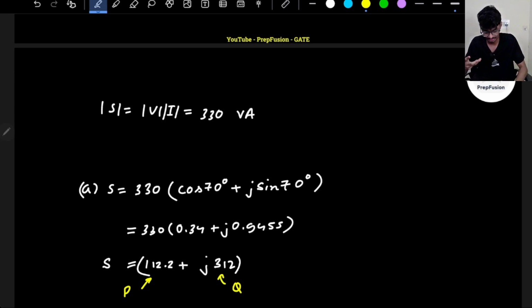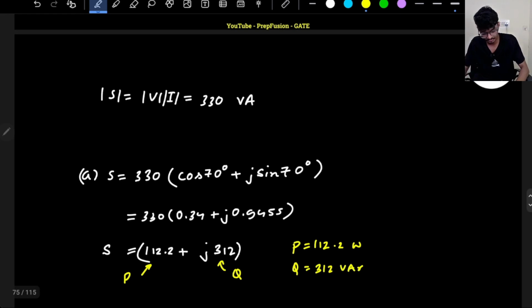So from here you can bifurcate. Your active power will be 112.2 watts and your reactive power will be 312 volt ampere reactive. Okay, so it is positive. We are getting positive because it is a lagging reactive power.